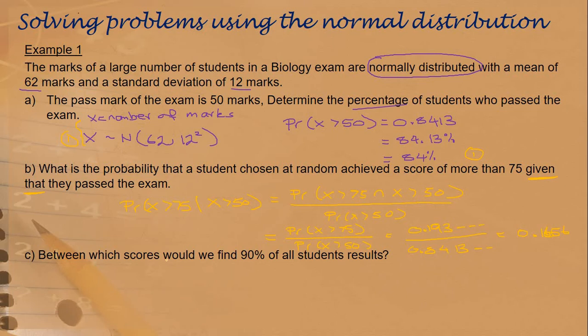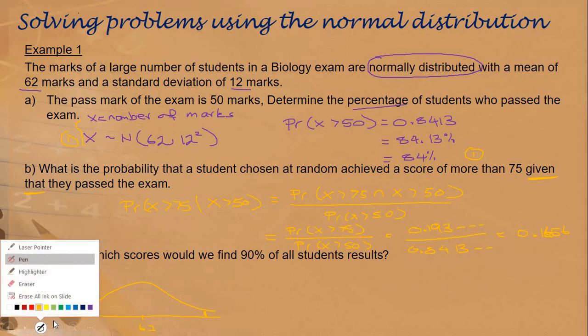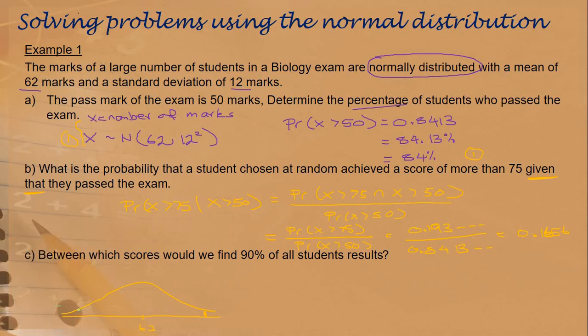Finally, between which scores would we find 90% of all students' results? So this means now we know the probability. We've got a mean here of 62, and we want to find two values, symmetrically on either side of the mean, so that the area under the curve here equals 0.95.